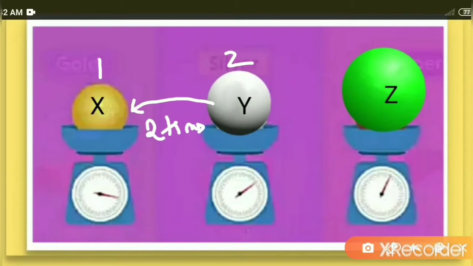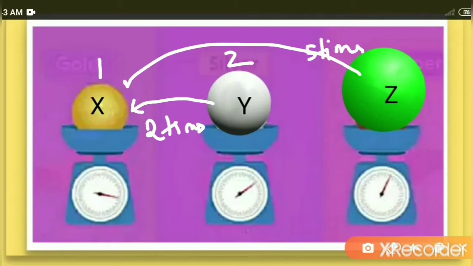Similarly, let the mass of Z be 5 times the mass of the first ball X. Then the mass of Z can be represented as 5.